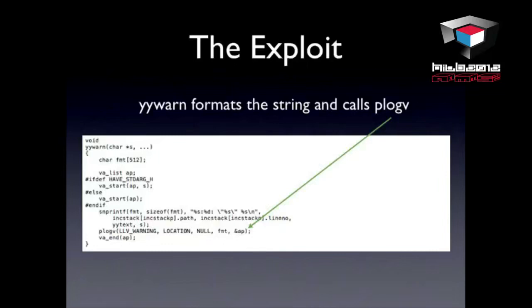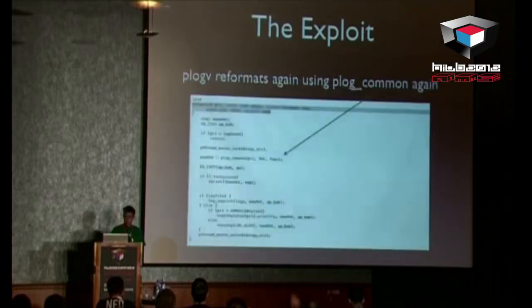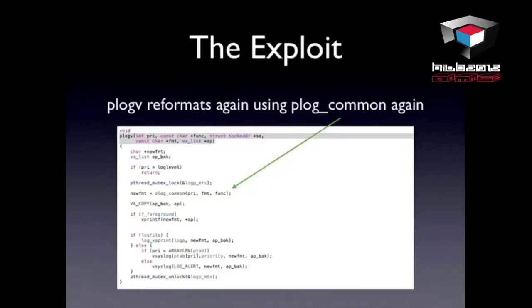Basically, it shows the code of the bug. It was actually in the warning function and error function. So basically, any warnings or errors printed to the log would trigger this format string. YY warn calls into plogb. Plogb calls into plog common, which basically just reformats that.